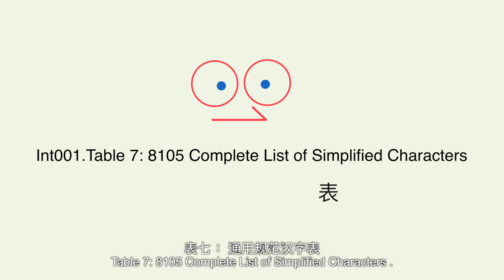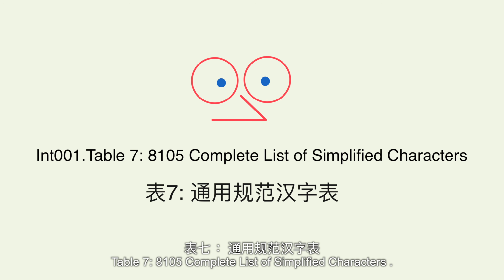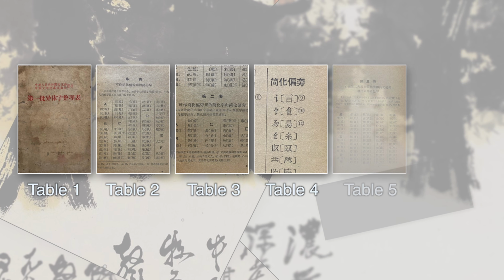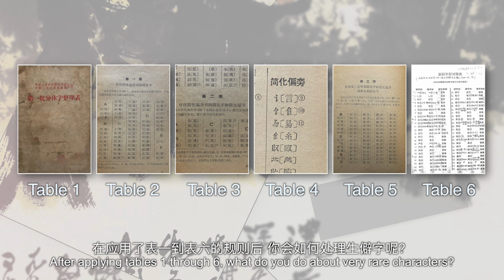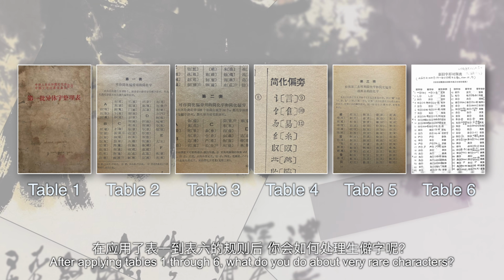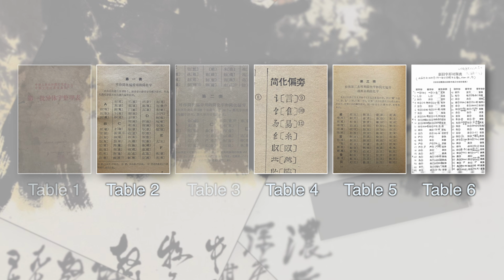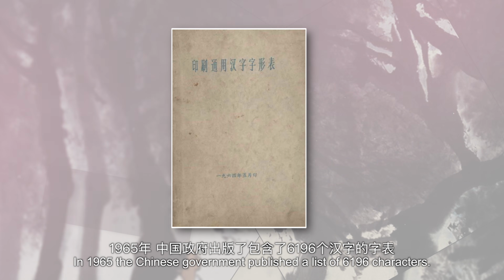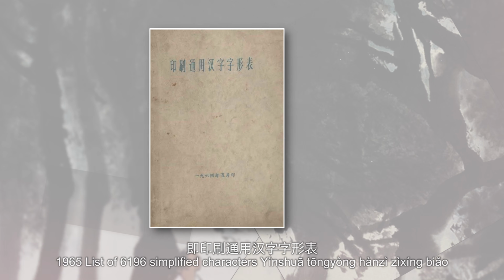Table 7. 8,105 complete list of simplified characters. After applying tables 1 through 6, what do you do about the very rare characters? In 1965, the Chinese government published a list of 6,196 characters.